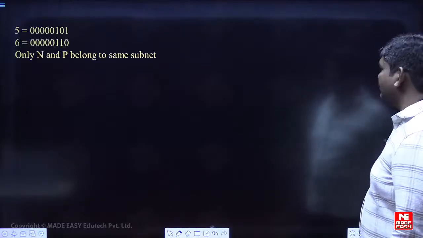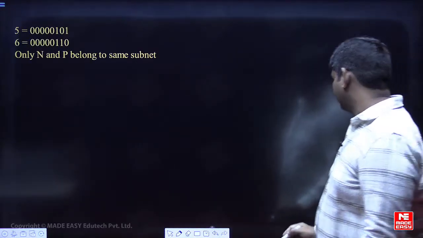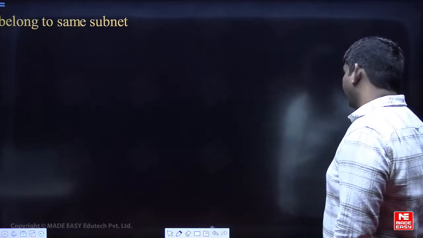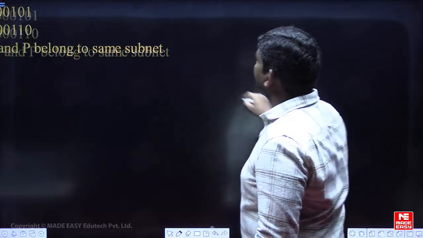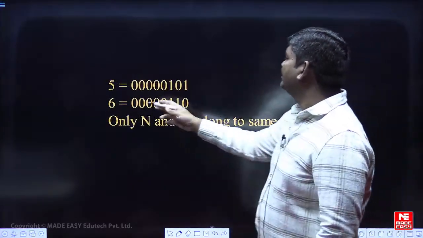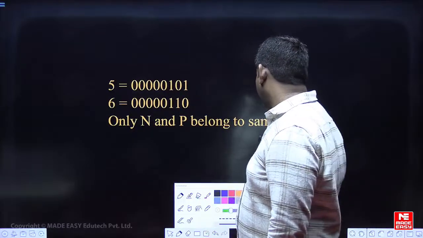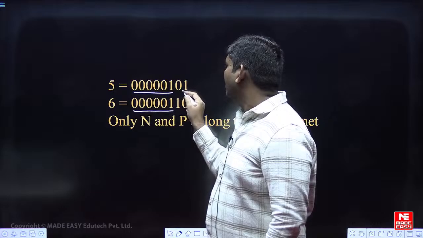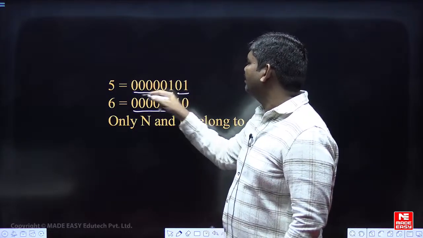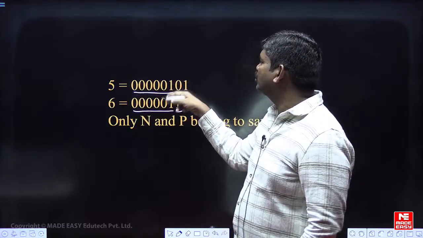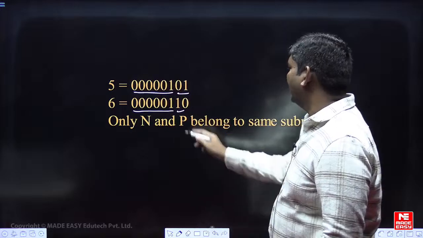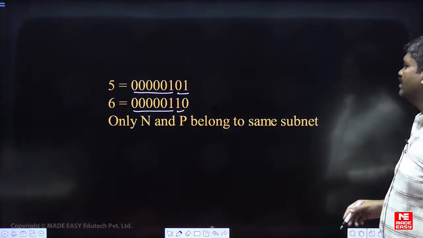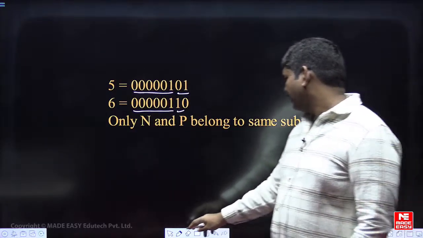Okay. See here, it is written. See this 5, whatever we have written, if you observe these 6 bits, the prefix is the same, and since the prefix is the same for 5 and 6, we can say these two belong to the same network. So N and P belong to the same subnet. But you can see the first address is 2.